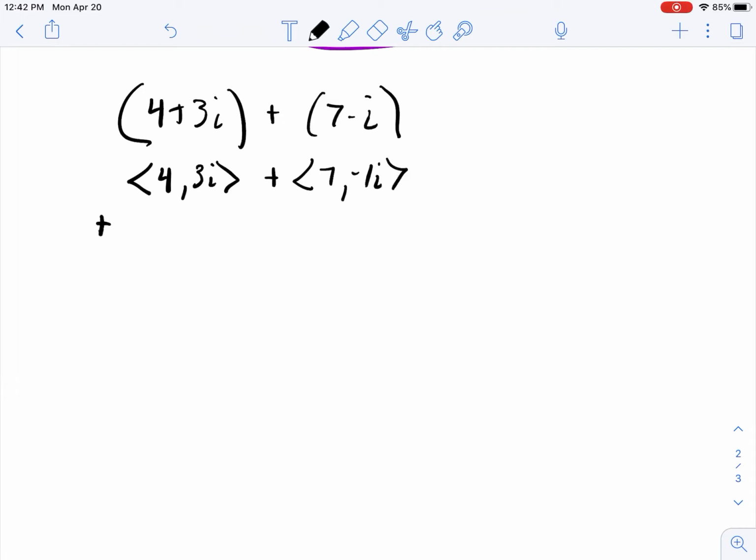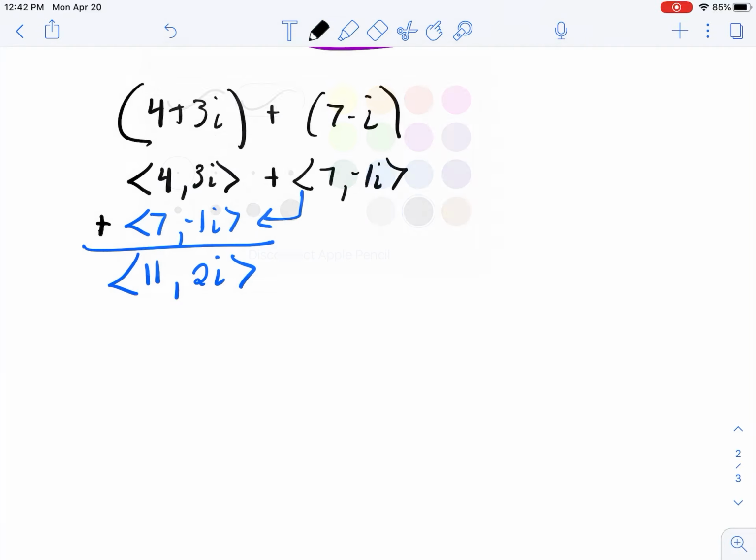And basically you're just adding; if you put this over here, we have 7 comma negative 1i, and therefore I'm adding my x components, so I have 11 comma 2i.